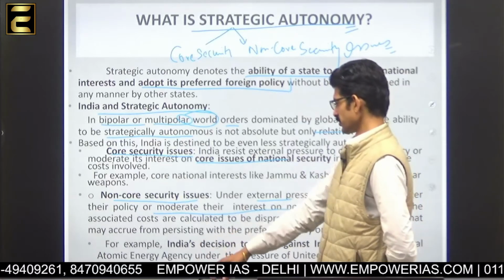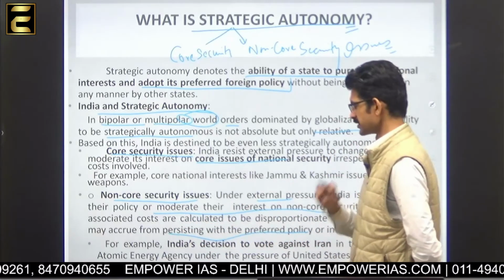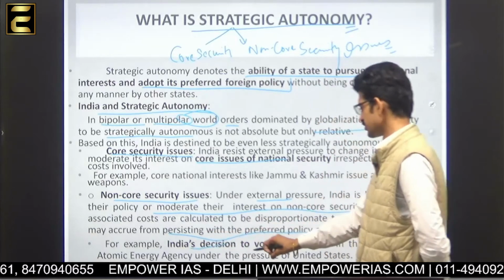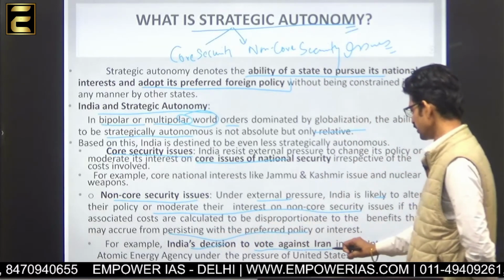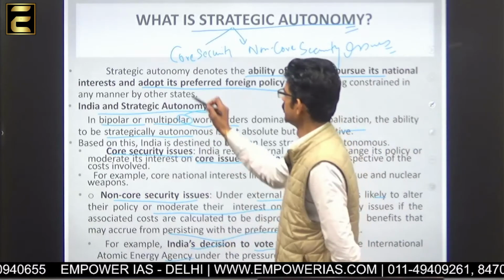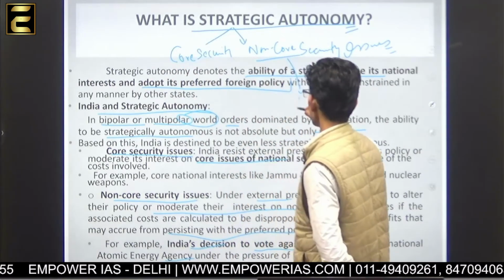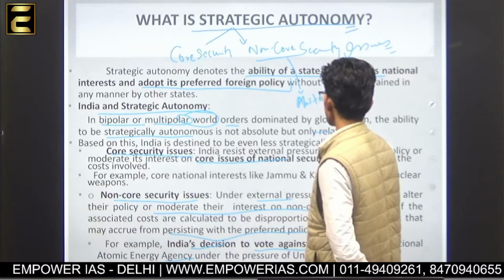Which occur for the persisting of various challenges and preference of policies. For example, India's decision to vote against Iran in International Atomic Energy Agency. भारत ने ईरान के खिलाफ वोट देने से मना कर दिया and India abstains to vote against Iran in UNSC.